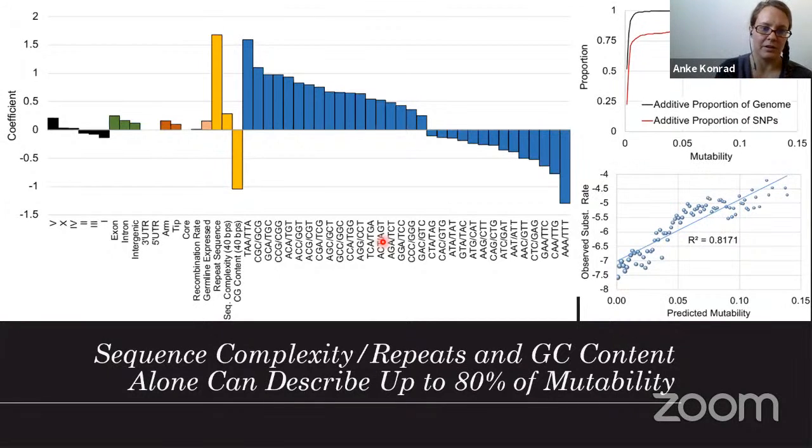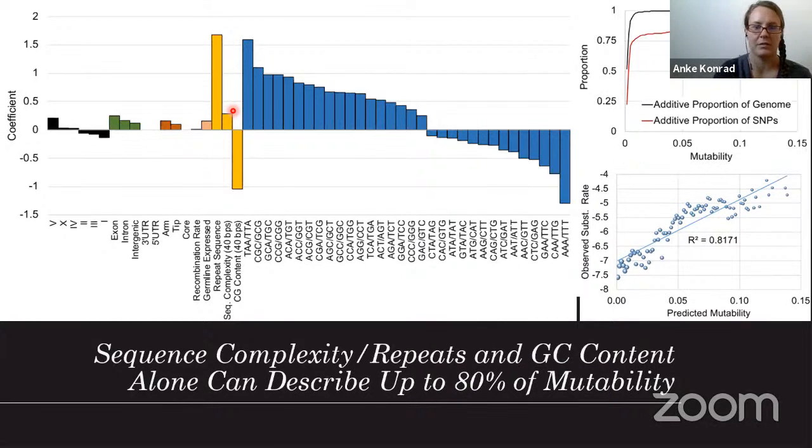So what we decided to do is to essentially look at how the different categories of functional annotation affect the mutability of the genome. And then we looked at the mutability of the genome relative to where our mutations occurred. When I only took the GC content, which is this bar here, and also included the sequence complexity and the repeat sequence, so essentially these three yellow ones, I could predict the mutability of the sequence by up to about 80% of the variability.